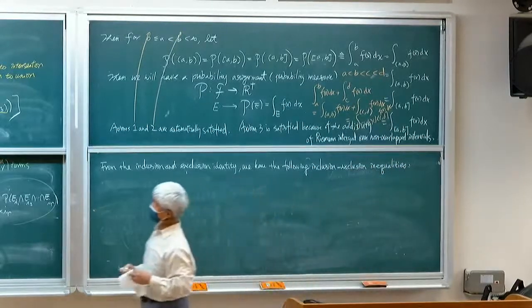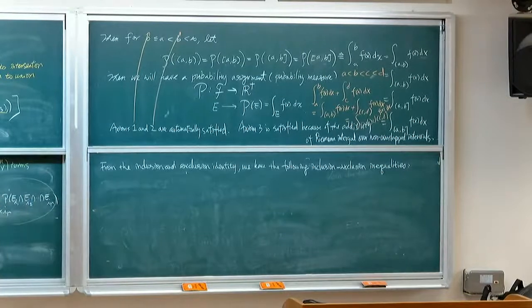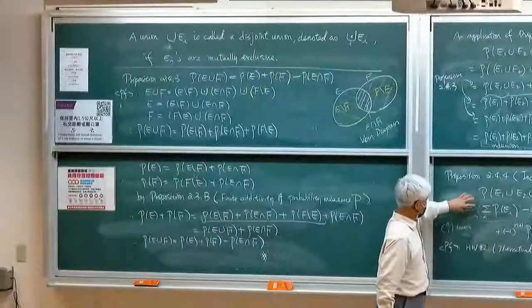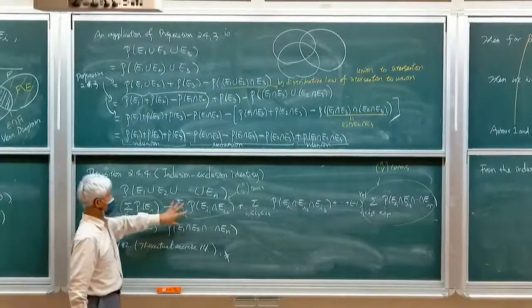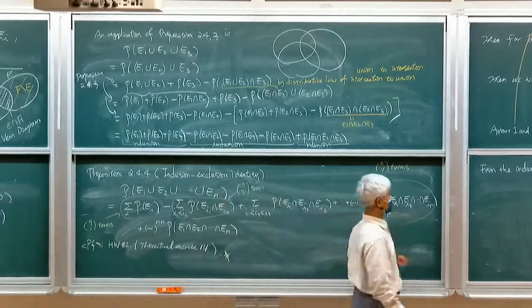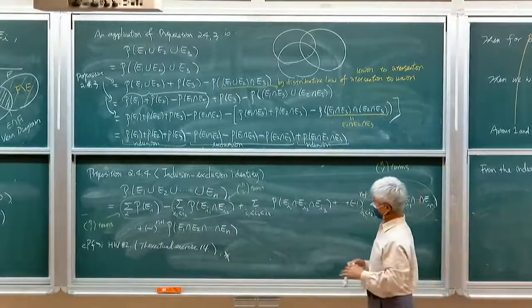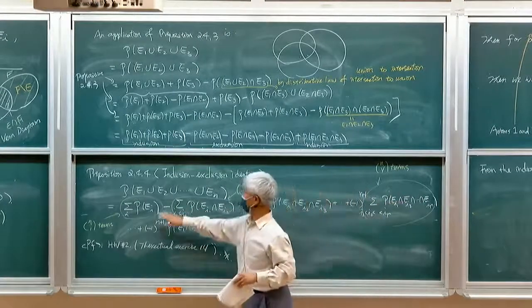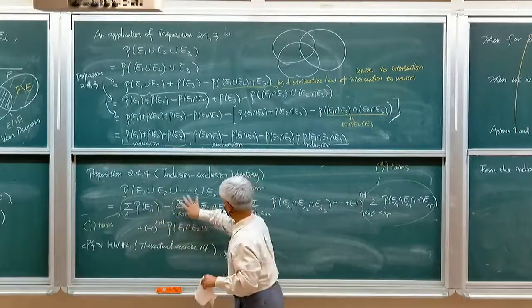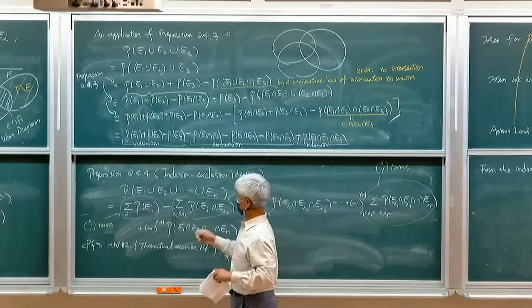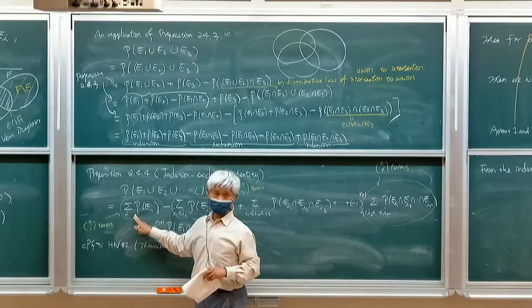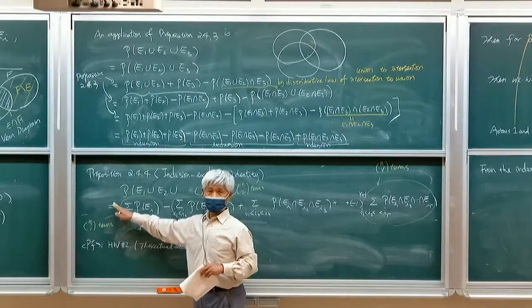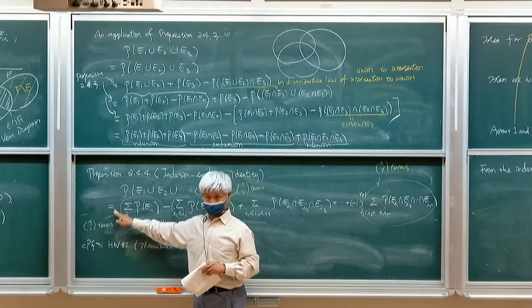The idea is that because the identity involves so many terms here, what if we truncate the rest? How about truncating the rest of the terms except the first one? Does this become an inequality or not?